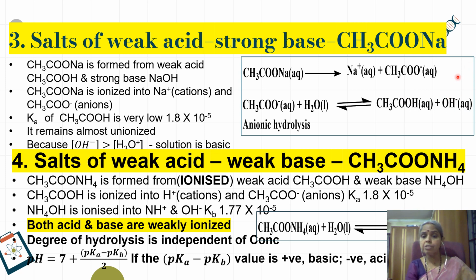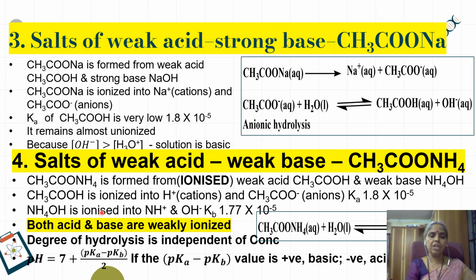So OH minus ion concentration will be much higher than the H plus ion concentration, so automatically the resultant solution is basic in nature. So solutions of salts of weak acid and strong base are basic in nature.